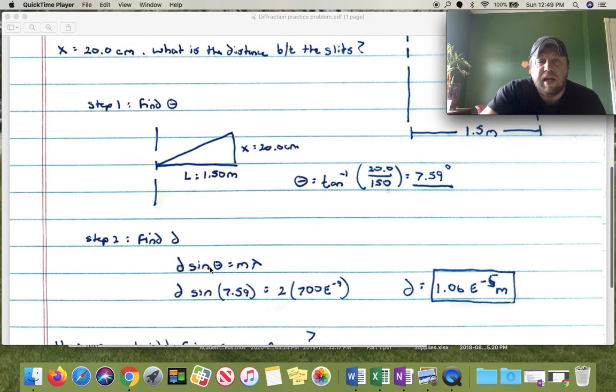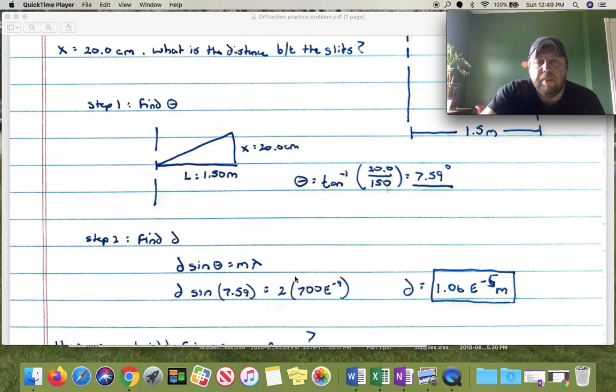We have d sine theta equals m times wavelength. We're solving for d, so we take sine of 7.59 degrees, and for m we place 2 in here because this is the second order maxima. Remember, m is just going to be 1, 2, 3, and so on, times the wavelength.